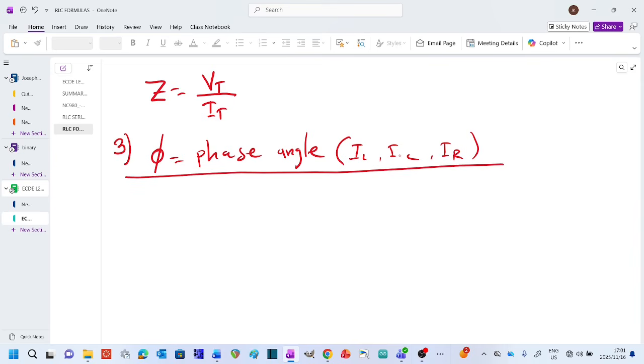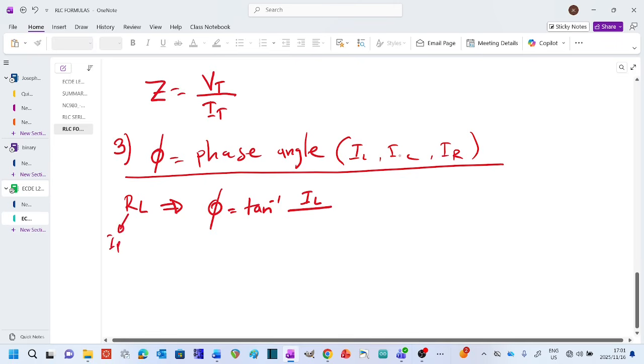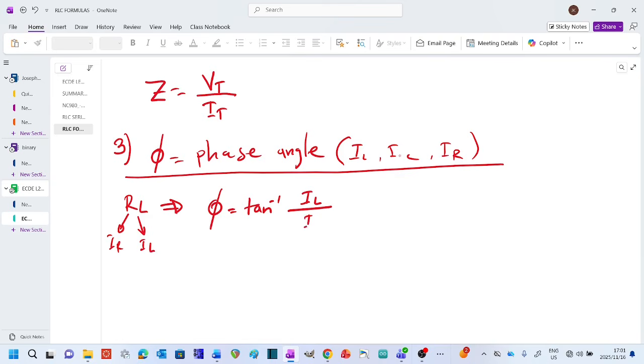So if you have a case where they ask you to calculate the phase angle for an RL circuit, how do you calculate the phase angle? You have the phase angle equal to tan to the power negative 1 multiplied by IL over IR, because here we have determined our IR and we have determined our IL. So this is how we plug it in the formula. R is always in the denominator.